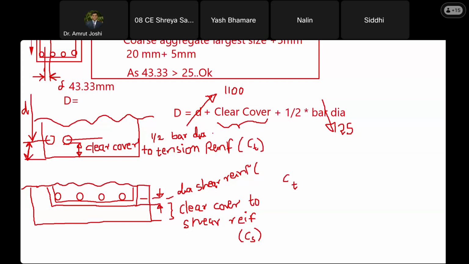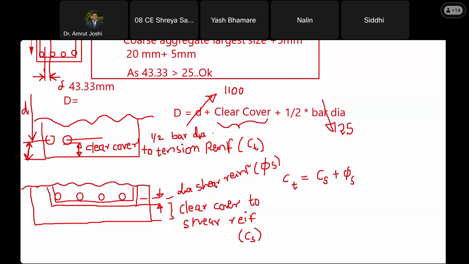Let us call diameter of shear reinforcement as phi S. Phi S stands for diameter of shear reinforcement. So can you now tell me the relationship: clear cover to tension reinforcement is equal to clear cover to shear reinforcement plus phi S, isn't it? Yes, sir. This is the relationship.